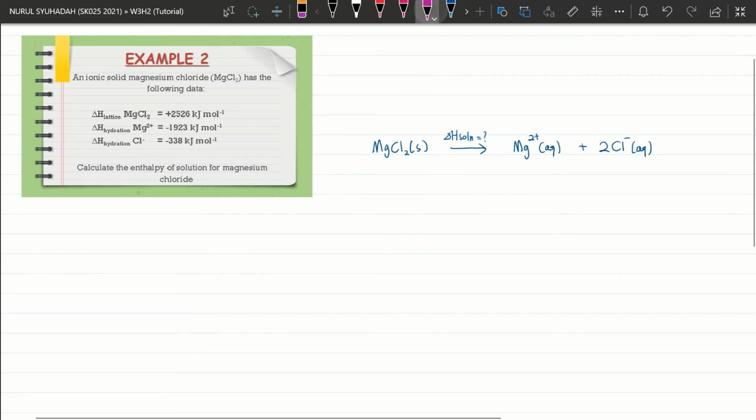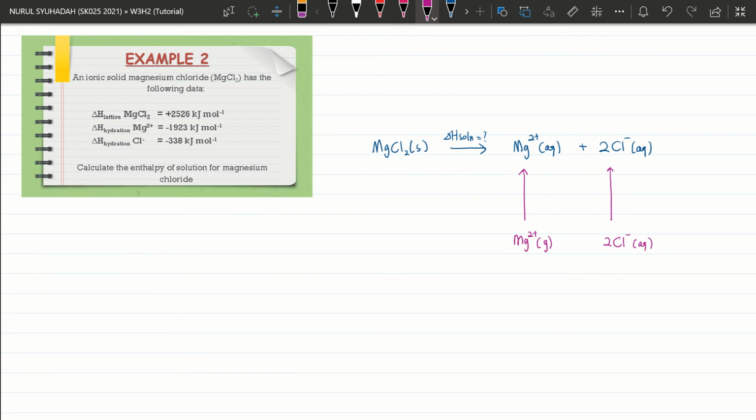So the same process that I did just now, once you have the enthalpy of solution equation over here, the next step is the arrow, and then you put the same ion Mg2+, just in gaseous phase. And then the other one, 2Cl- aqueous.